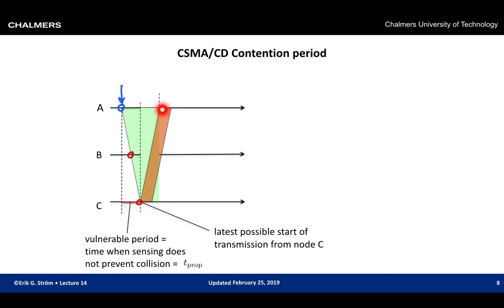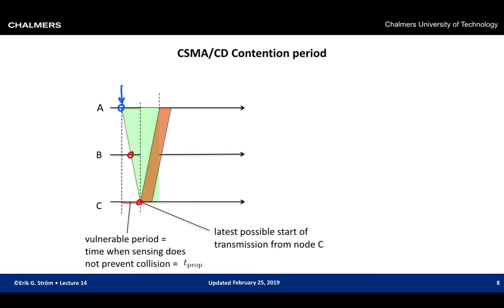This is allowed through the protocol. But then at this point in time, C, by listening to the channel, knows there is a collision on the medium, and ceases to transmit its frame.